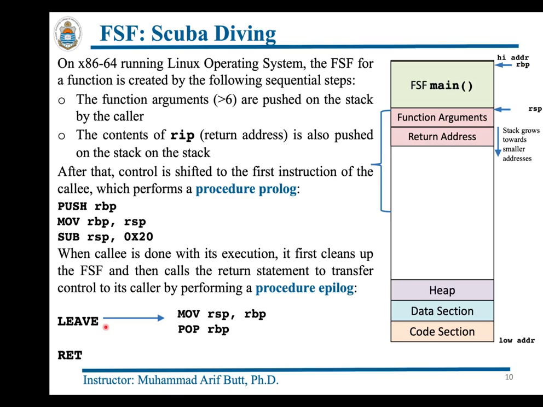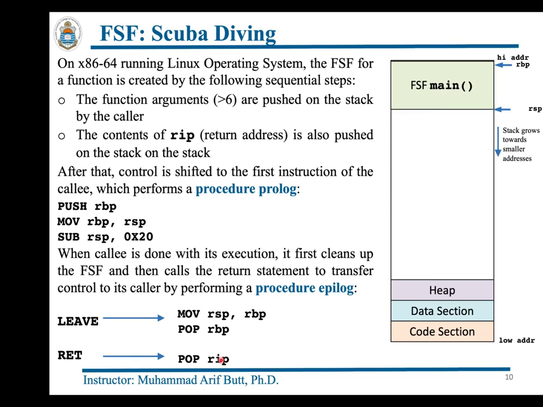Finally, the next instruction you will come across is the ret instruction inside a procedure epilog, which will perform an unconditional jump by doing a pop rip instruction. That is, this address will be popped off from here and placed inside the RIP, and the control will move back to somewhere inside the main function. And this is how this entire function stack frame of the callee is removed from the stack.